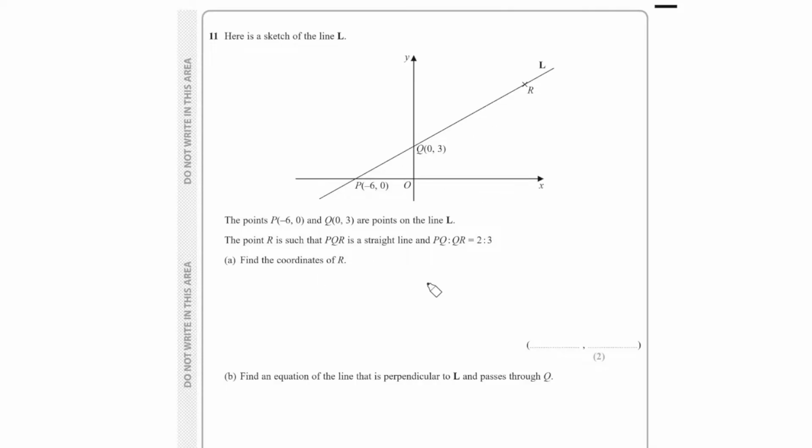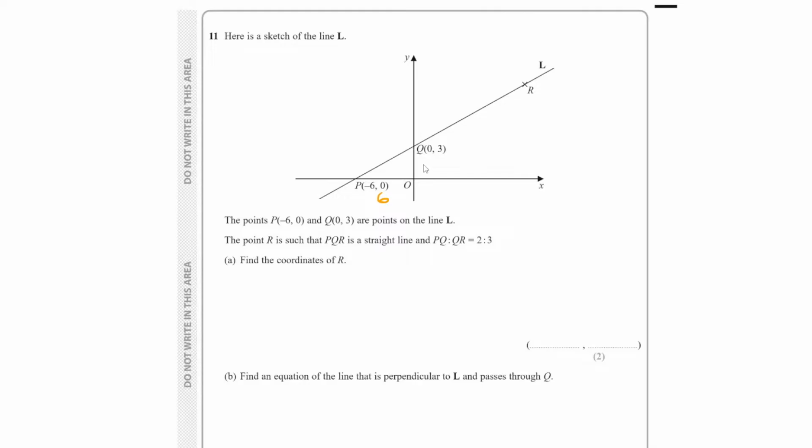So yeah, we want to share out this ratio effectively, but we've got the side that is 2. Now because it's diagonal, what I would do is just do x and y separately, so horizontally and vertically. This one's quite tricky because there's zeros here and there and everywhere. Try and make sure you don't get the x and y coordinates mixed up, because I definitely struggle with that. So across, it's a distance of 6, isn't it?